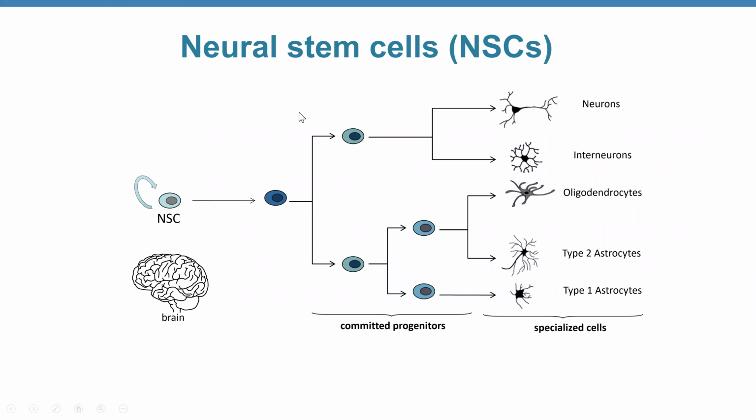The diagram shows us neural stem cells found in the brain. They differentiate into committed progenitors, and they will produce neurons, interneurons, oligodendrocytes, and astrocytes. Those will be specialized cells.